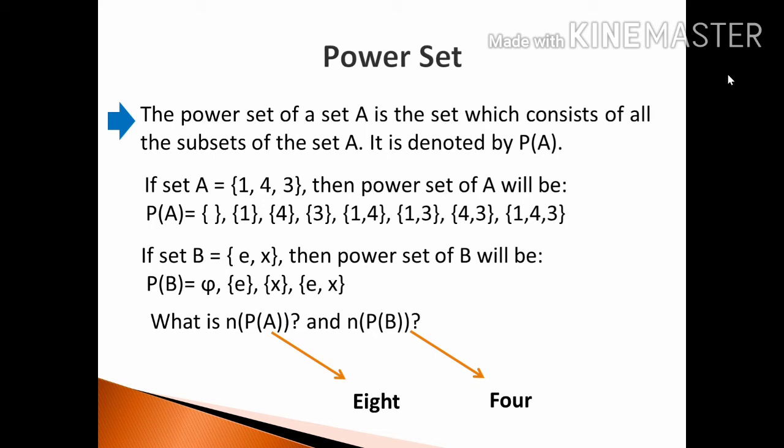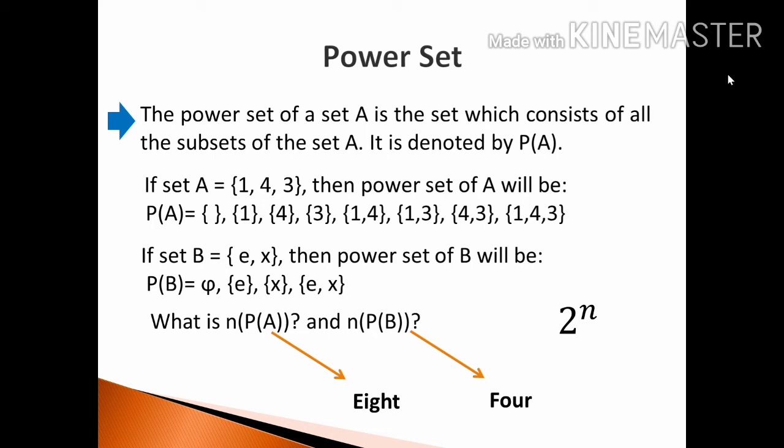Now, what do you think would be the basic formula in order to know the cardinality of the given power set? Simply, we're going to follow the formula 2 to the power of n. How? On the first set, we have 3 elements. So you're going to substitute n with 3, it becomes 2 to the power of 3, and 2 times 2 times 2 is 8.